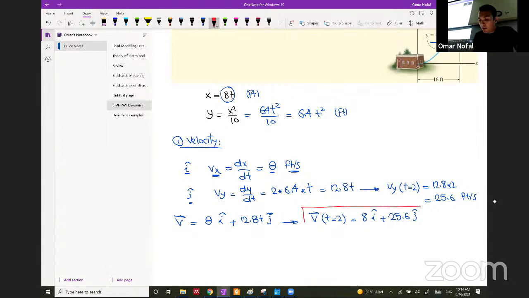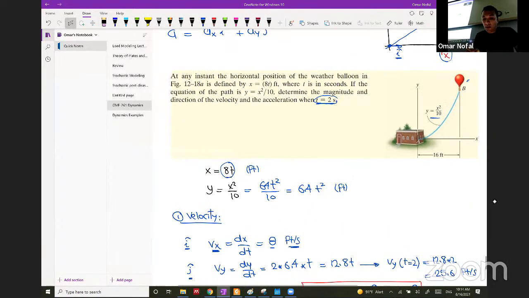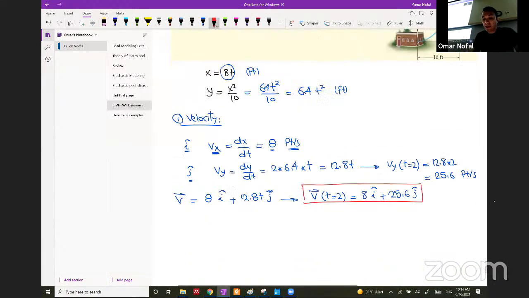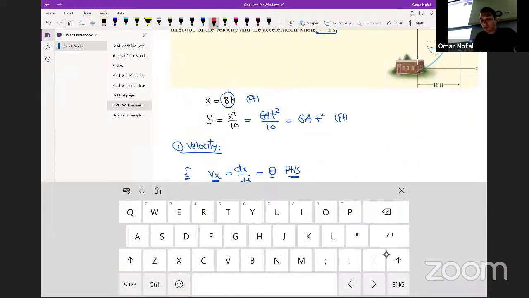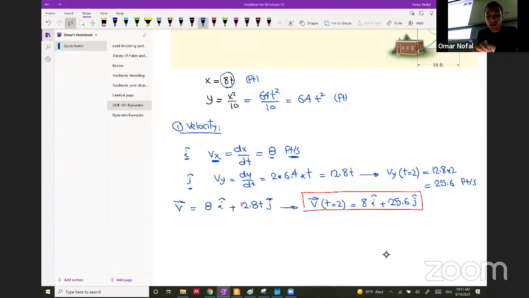But whenever you are asked about the magnitude and direction, you will have to get the magnitude of this vector and the direction of this vector. So let's get them.